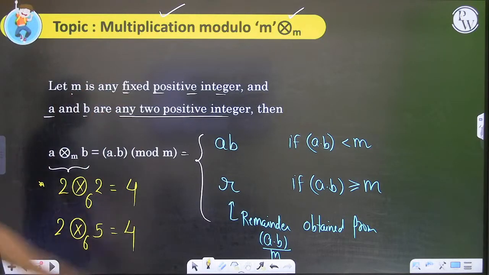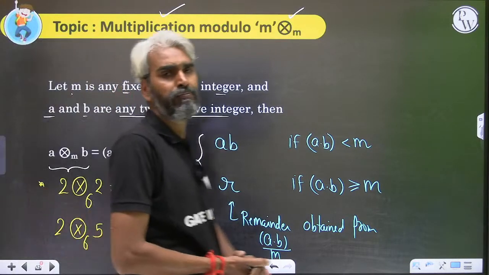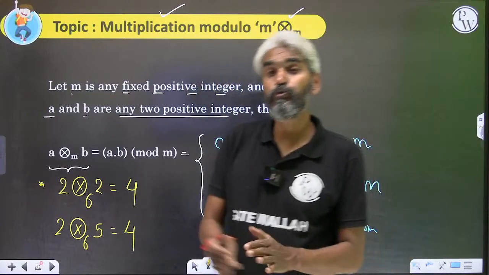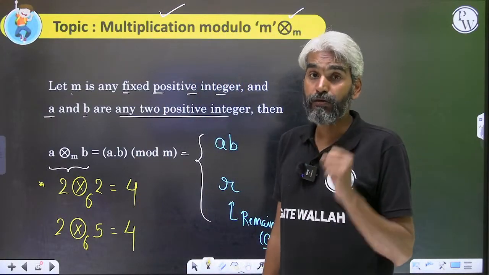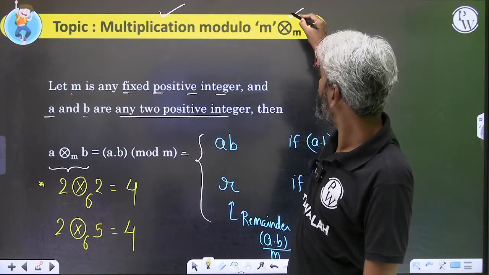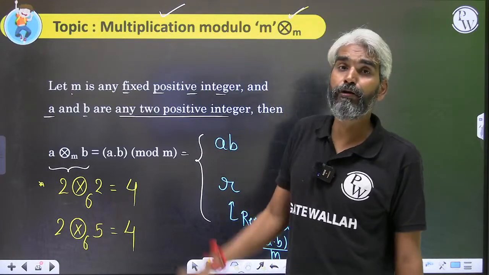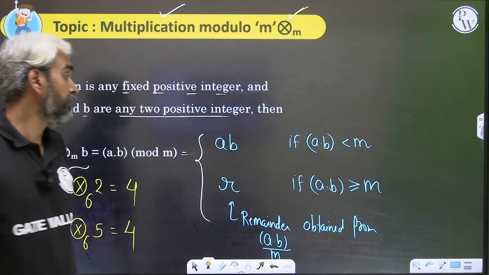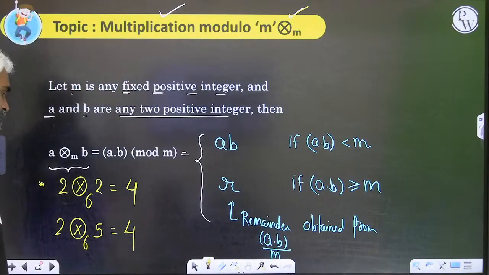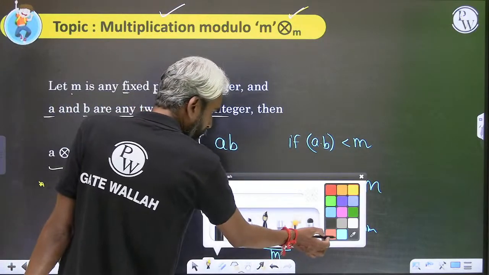So these are two operations, addition modulo m and multiplication modulo m, which will try to keep the set closed with respect to the binary operation multiplication modulo m or addition modulo m. Now let's try to understand some important points.